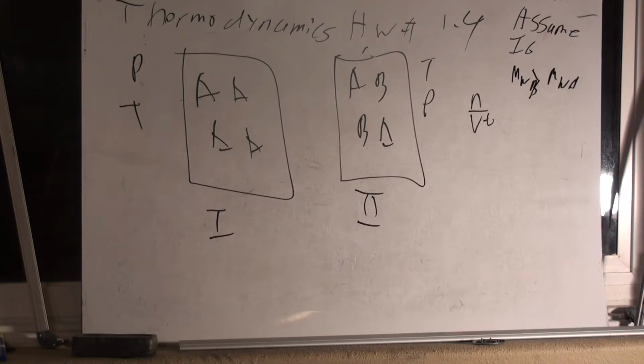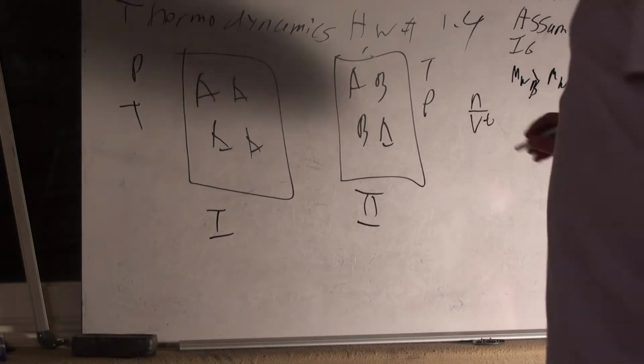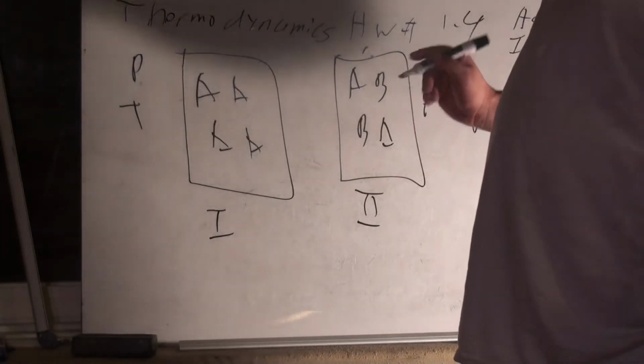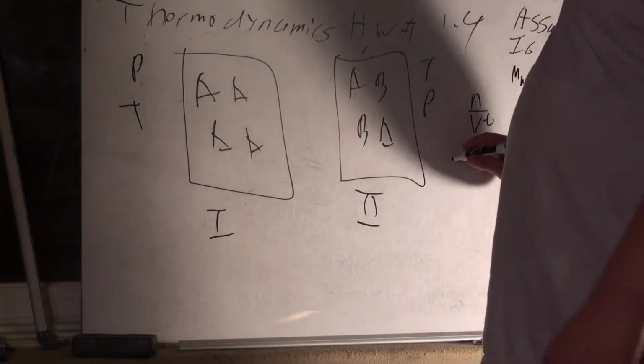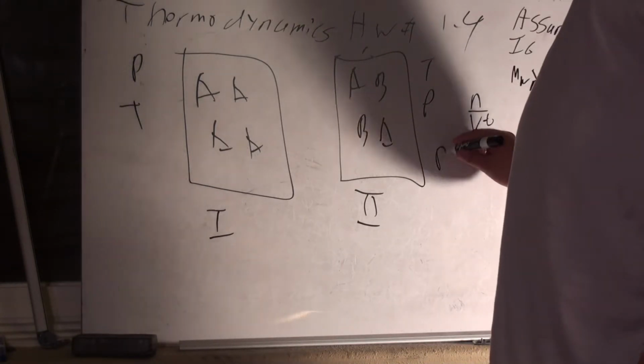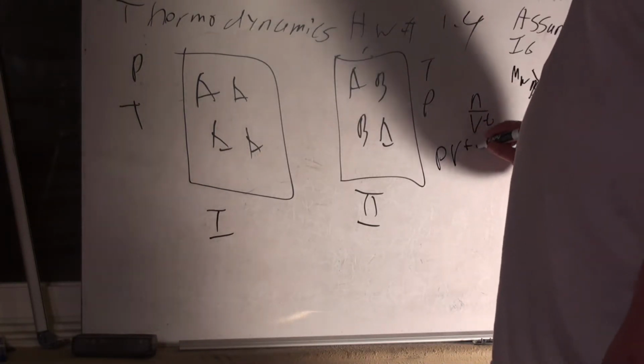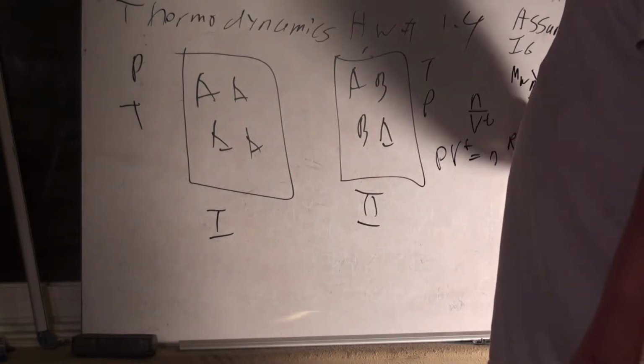Now, it actually doesn't say anything about how many moles, but it also doesn't say anything about the total volume. So really, I have to think about the actual equation of state, which in this case is PV equals nRT.